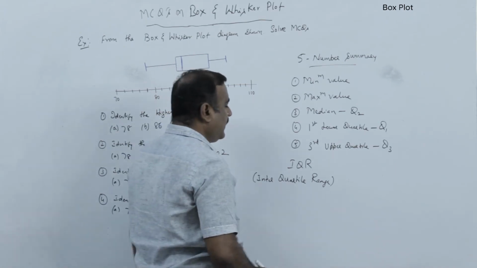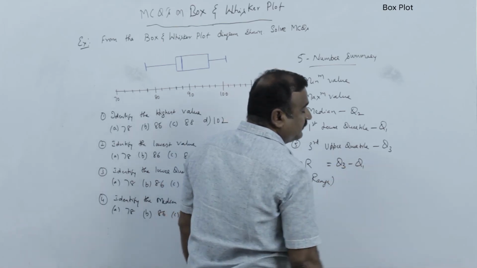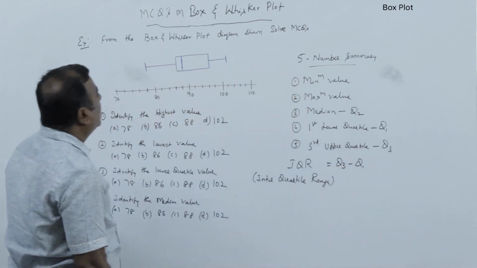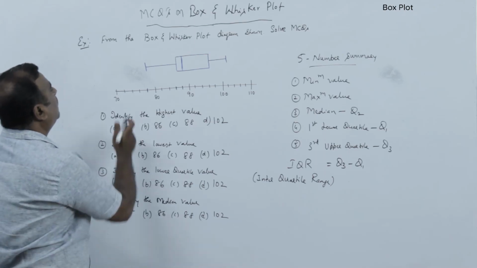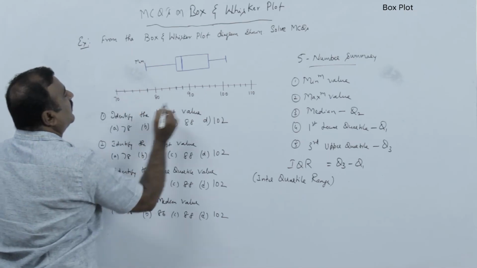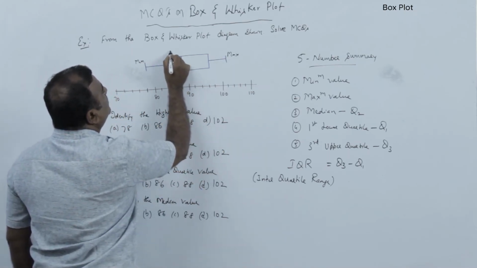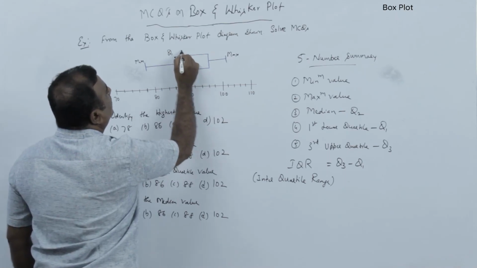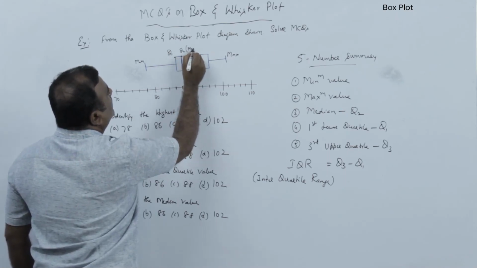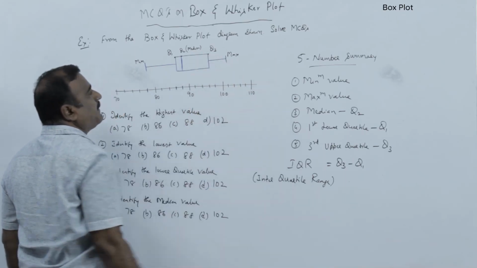The interquartile range is given by Q3 minus Q1. Now this is the diagram that has been given. This is the minimum, this is the maximum, this one is Q1, this one is Q2, that is the median, and this is Q3.